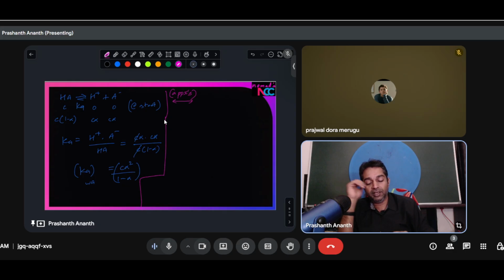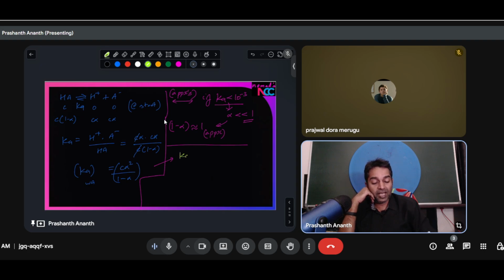In this particular case, the approximation we are going to use is: if Ka is less than 10 power minus 3, alpha will be very much less than 1, which translates into the next approximation, that 1 minus alpha can be approximated as equal to 1. That is the approximation we'll be using here.